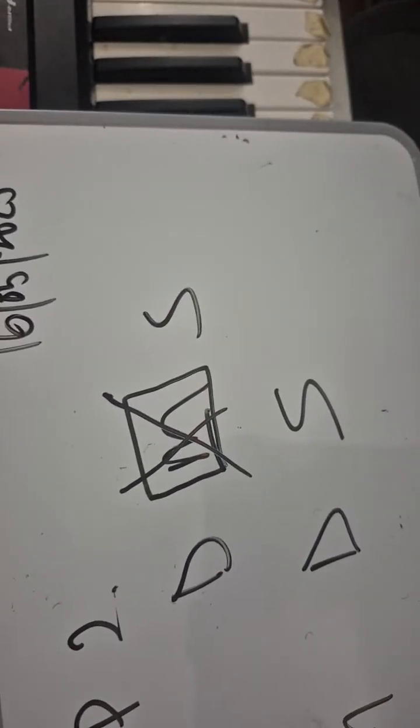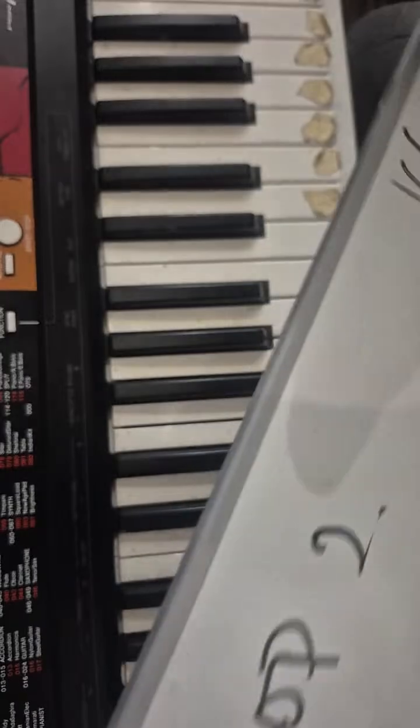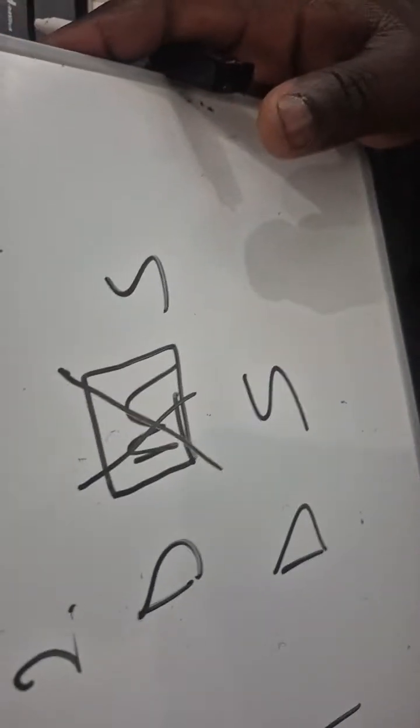You are taking that sound down to the lower octave and skipping it on the right hand. When you play this chord with a good keyboard, it sounds so good. Yeah, so that's the concept of drop 2.